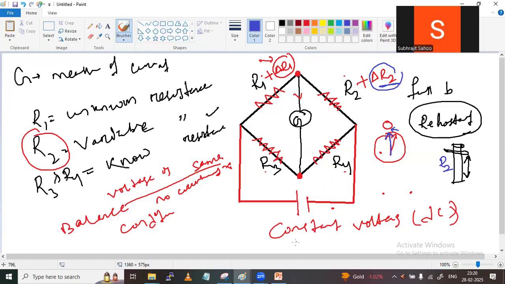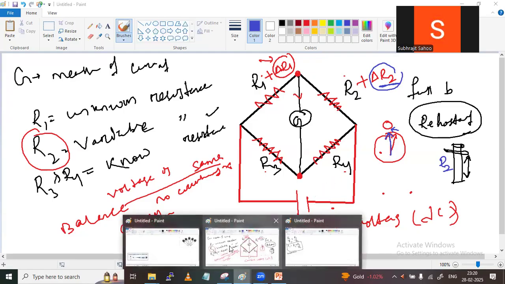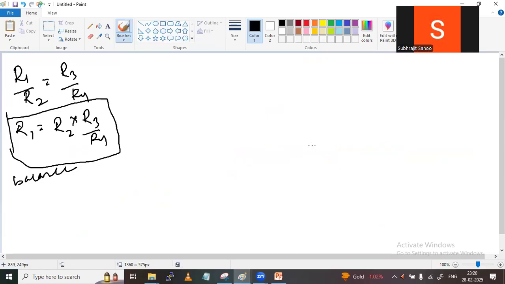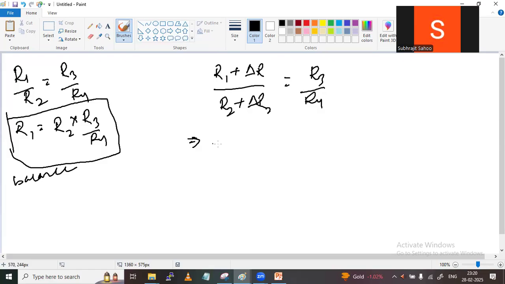Now in the second case, let us derive some equations. Again, my circuit is in balance condition, but in that balance condition, what is the resistance value, sir? R1 becomes R1 plus del R1 and R2 becomes R2 plus del R2, and it is equal to R3 by R4. If I simplify it, what answer will I get?